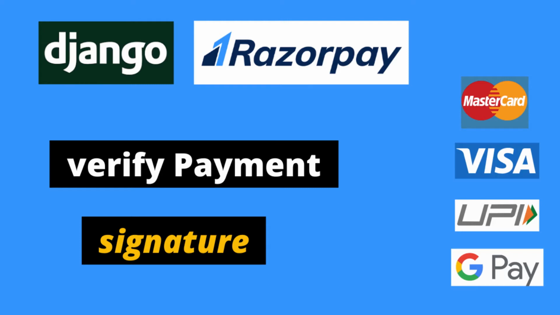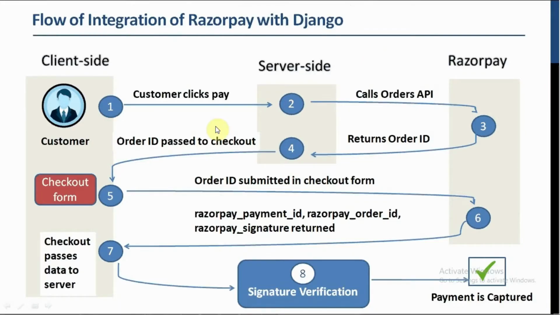Okay, now let's start. So here is the flow of how we integrate Razorpay with Django. I think you have seen this diagram in part 2 of the Django Razorpay integration series. If not, please watch the full part. Suppose you have a website and a customer.